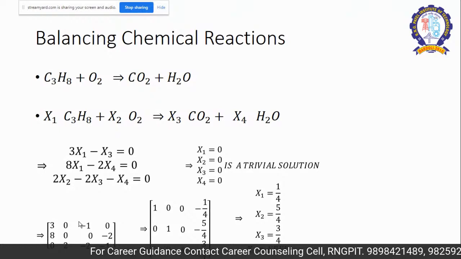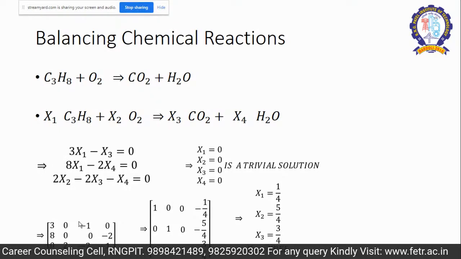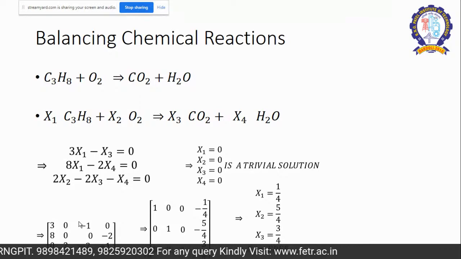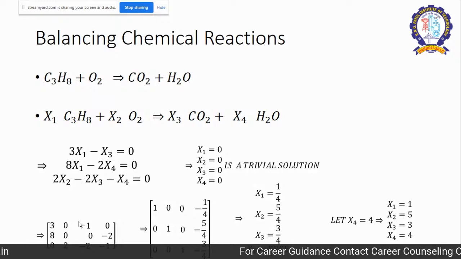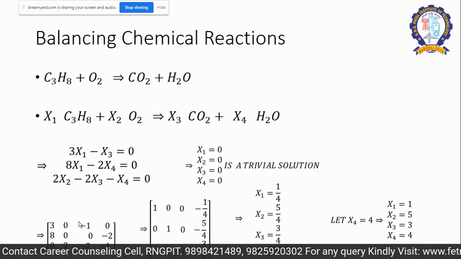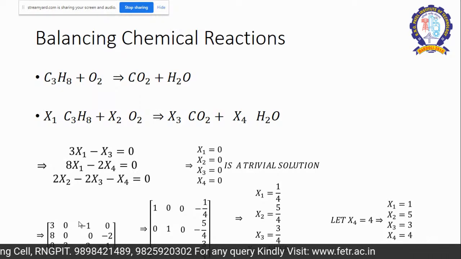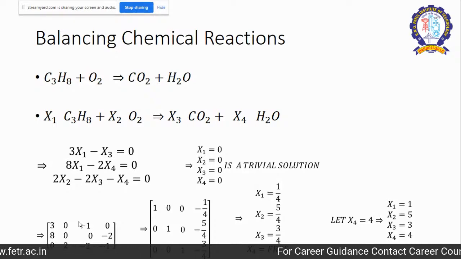But all the variables must be positive integers, so we consider x4 equal to 4. That means we multiply the whole system by 4. Then it gives the solution of the balanced chemical reaction: x1 equal to 1, x2 equal to 5, x3 equal to 3, and x4 equal to 4.